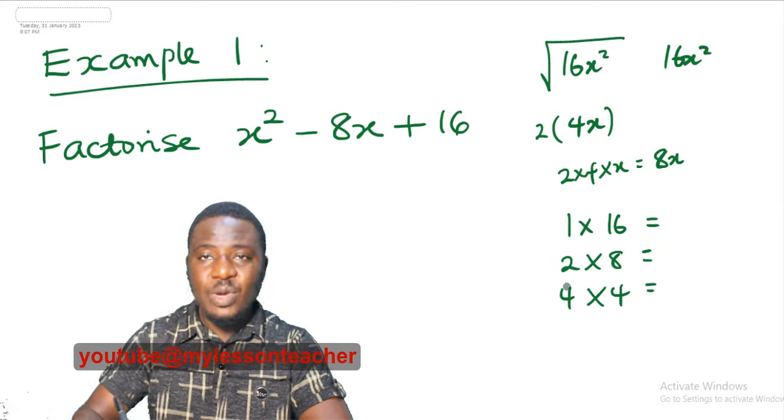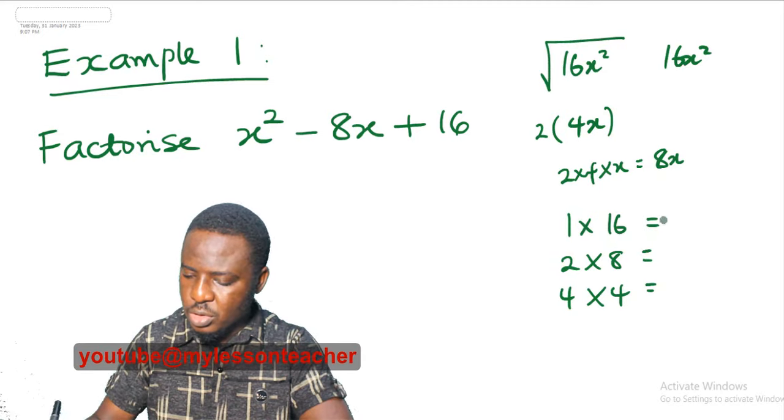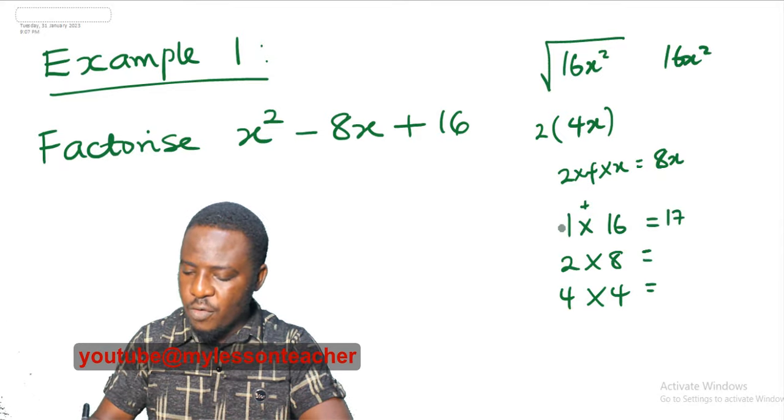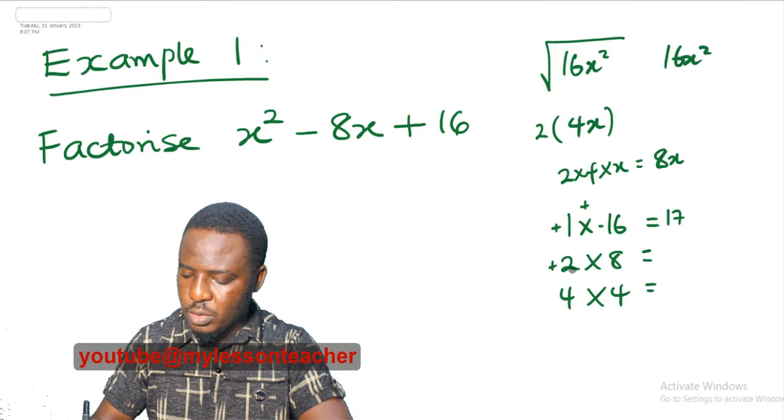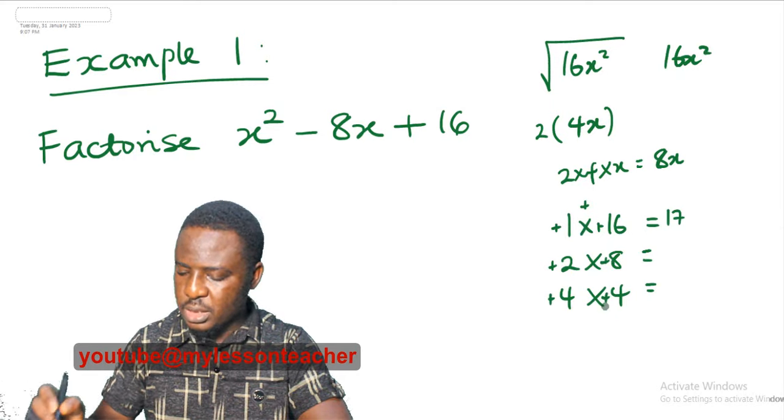But when you add them together, will they give you minus 8? No, because 1 plus 16 is 17. Or even if you decide to change the sign, let's give this one plus, minus, plus, they'll give you positive, so let's put plus for all of them, and none will give you that.